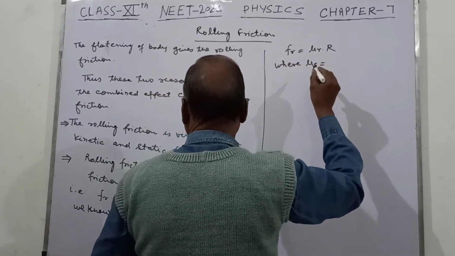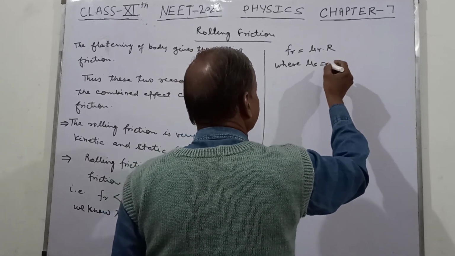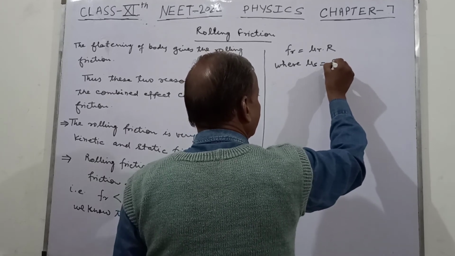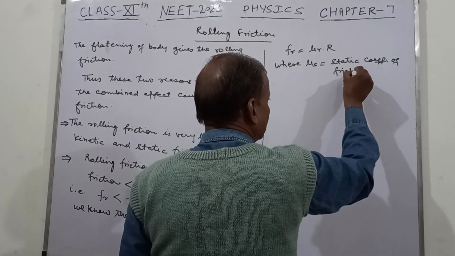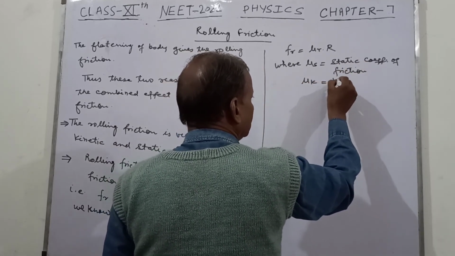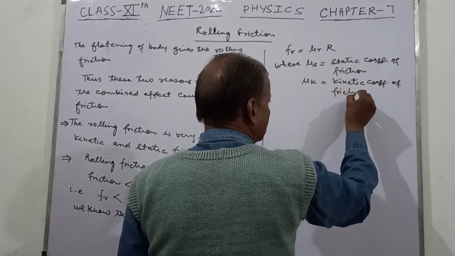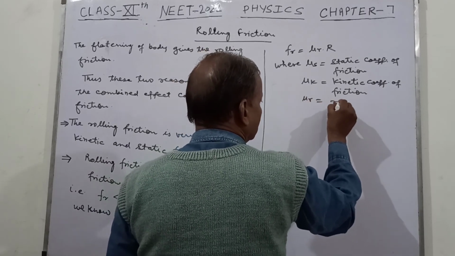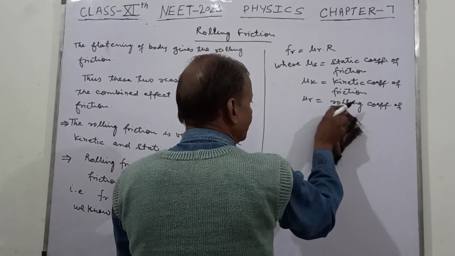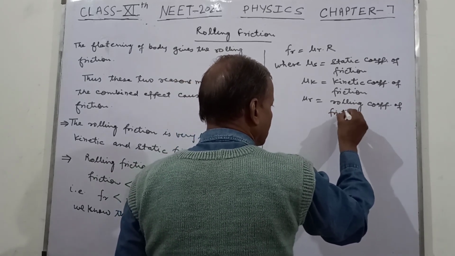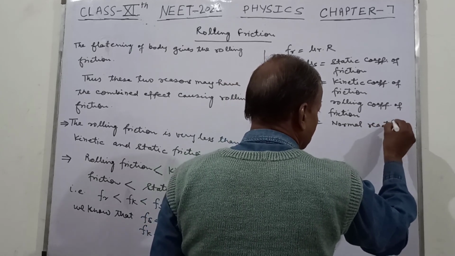mu s is the static coefficient of friction, mu k is the kinetic coefficient of friction, mu r is the rolling coefficient of friction, and R is the normal reaction.